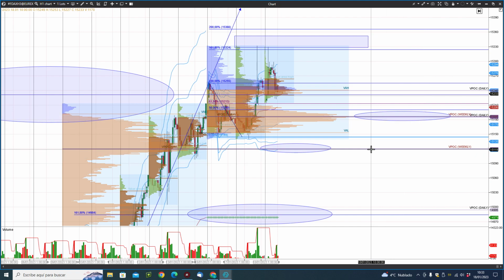The second point will be the value area low of this week, exactly at 15,153, and in third place there will be 15,119, exactly on a naked weekly VPOC.